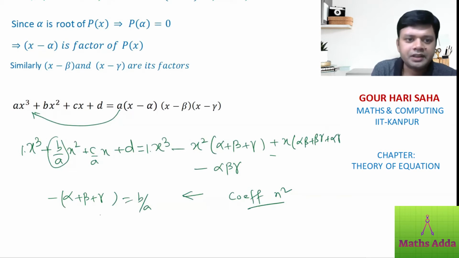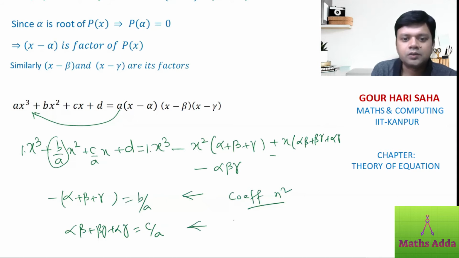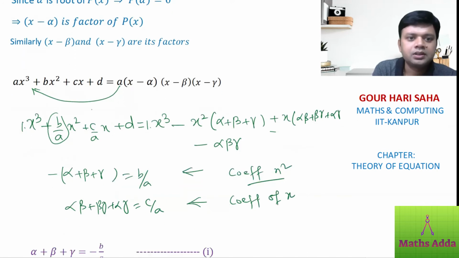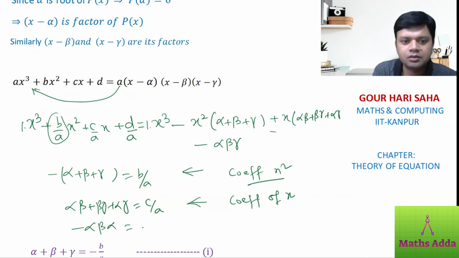So if I compare, I can see alpha beta plus beta gamma plus alpha gamma is equal to c by a. That is equating the coefficient of x. And then comparing the constant term, d by a is equal to minus alpha beta gamma. Minus alpha beta gamma is equal to d by a. That is equating the constant term.